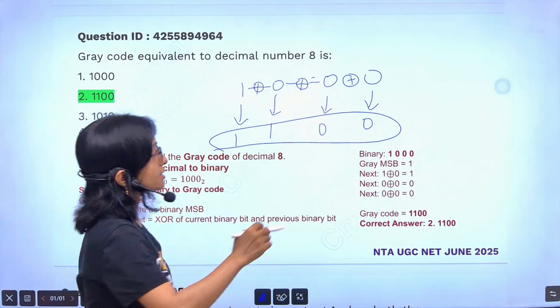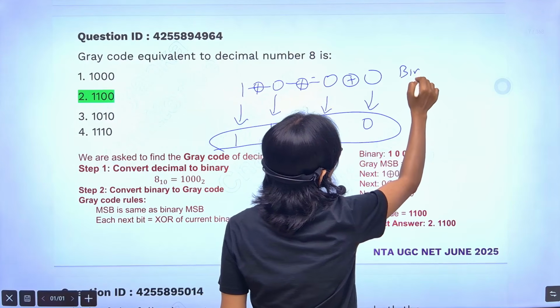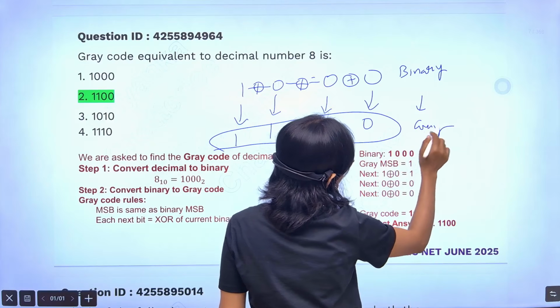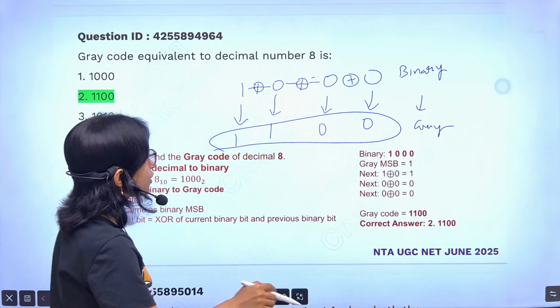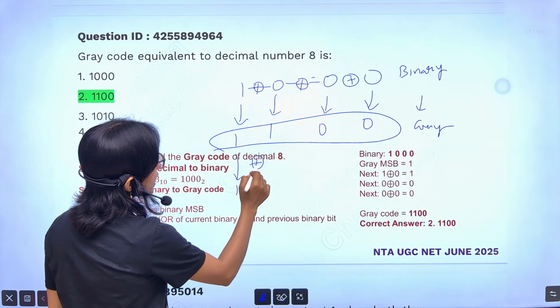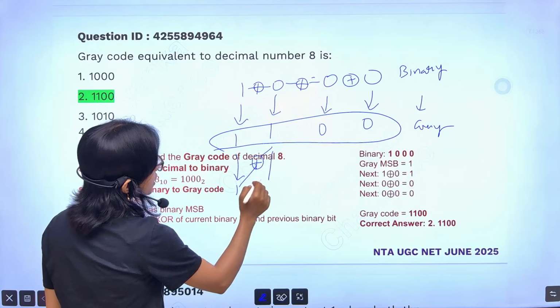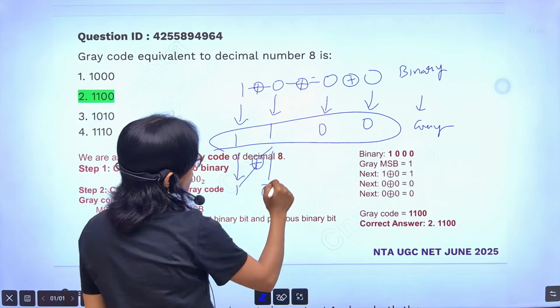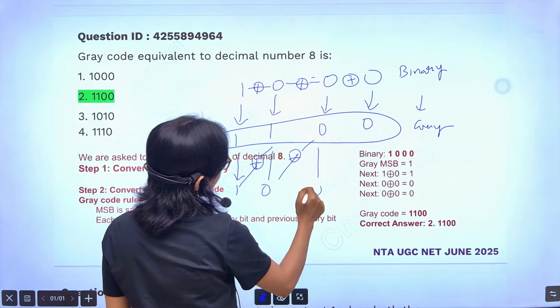This is binary to gray that you are converting. Whenever you are converting gray to binary, then we have to take 1 here. Then I have to do the diagonal XOR operation. Then 1 1 will be 0. And then again 0 0 will be 0. Then you will get back the same number.